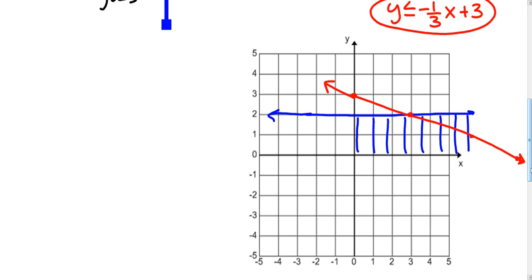Okay, and that is also a less than symbol, so I will shade below that. And I kind of ran off the graph here, but we need to darken in now the region where we see both the blue and the red, which would be this region in here.